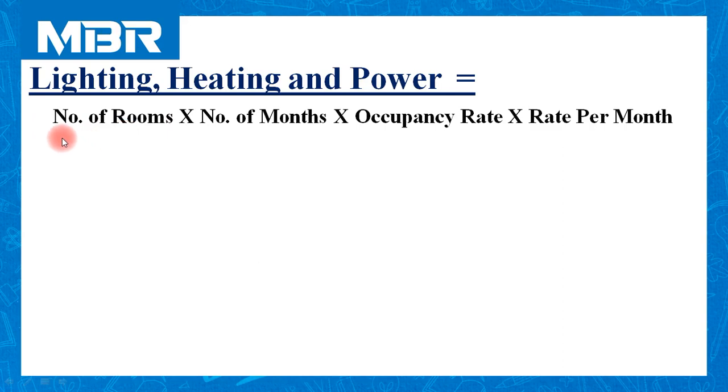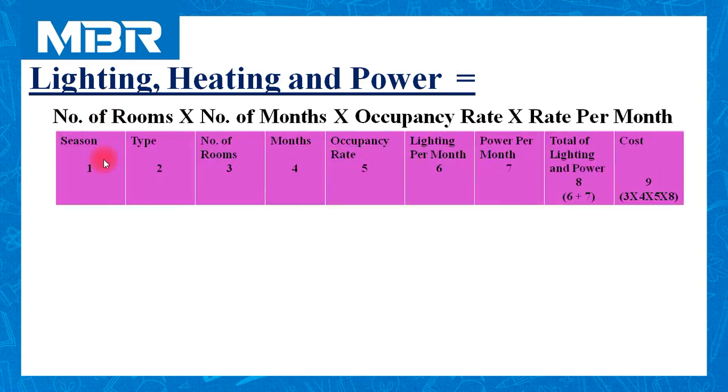This formula is developed on the common logic given in the factors of the statement. So let us prepare a table because we have separate rates for summer and winter and even for single, double and 3-room suites.